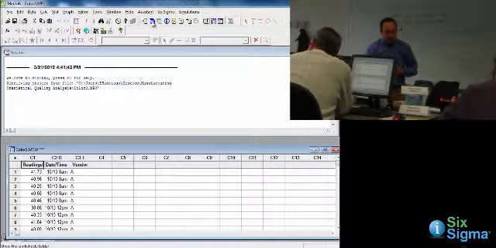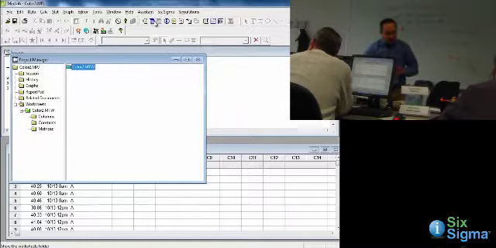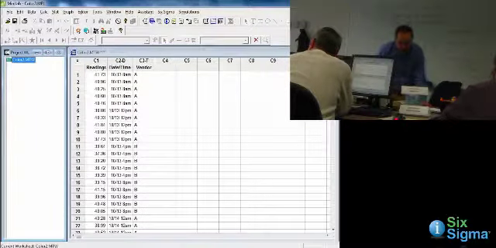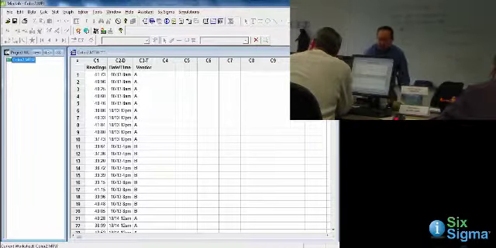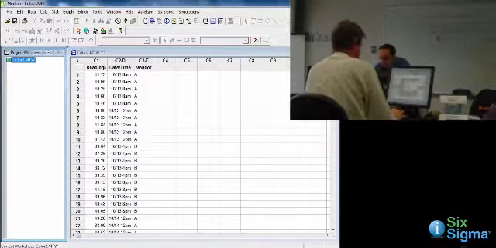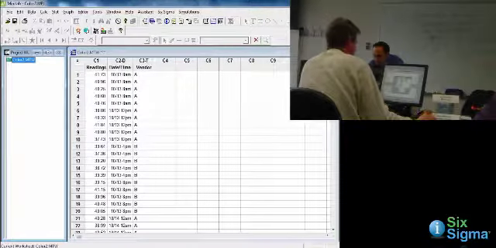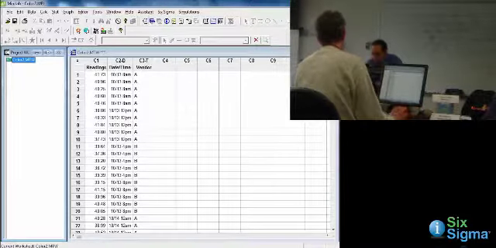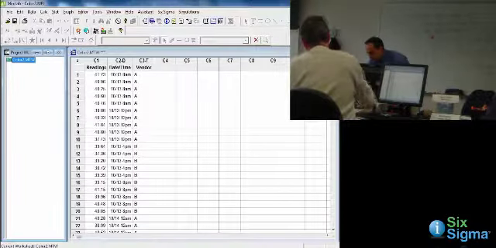Very good. So let's open the data set color number 2. Okay, so this is just additional information about the same process. Now, what it's actually saying is, we know that the X-bar chart was out of control.